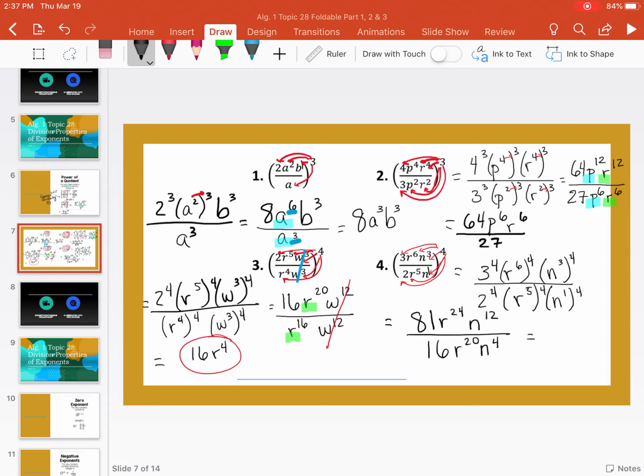Okay, now we can reduce. Are there any common factors between 81 and 16? Sadly, there are not. But we can look at our bases here.